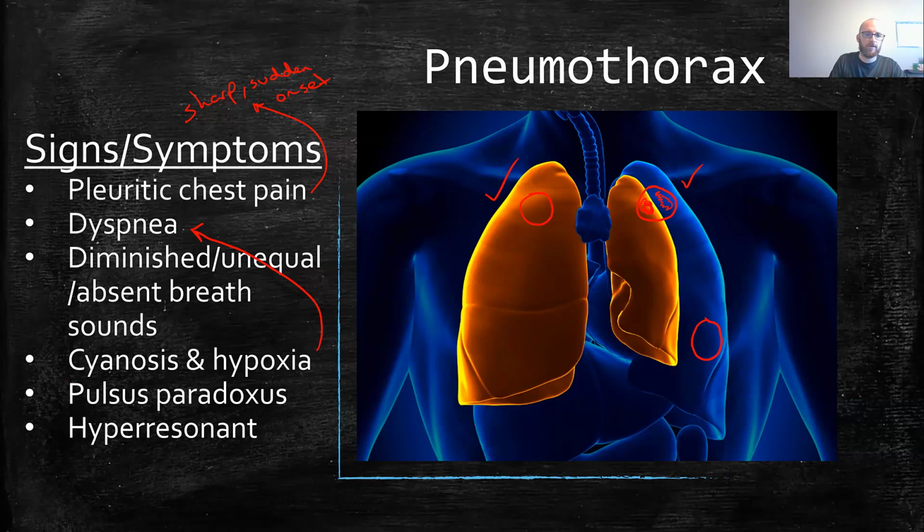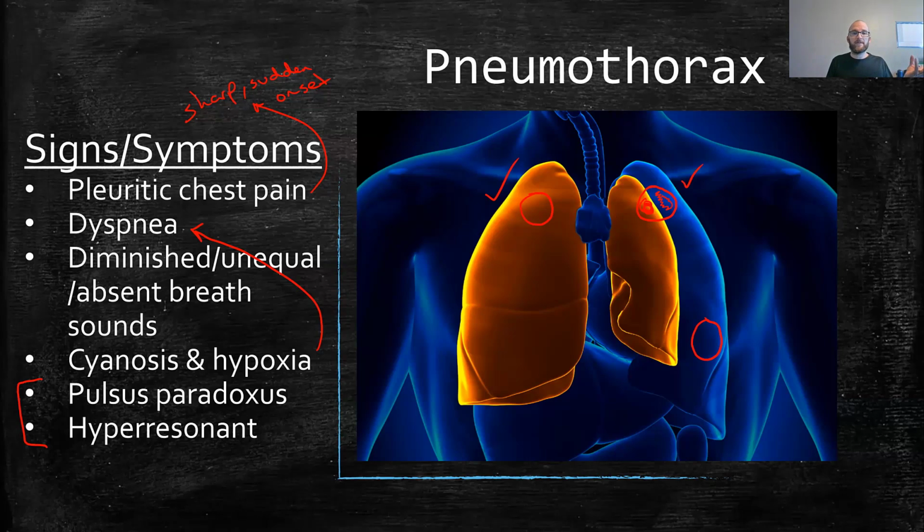And then two that we're going to talk about a bit more because they're more technical and not terms that come up too often. One of them is pulsus paradoxus. That one shows up anytime we have any sort of increased intrathoracic pressure, right? If we're building up pressure inside the chest, that pressure is going to start squeezing on stuff.